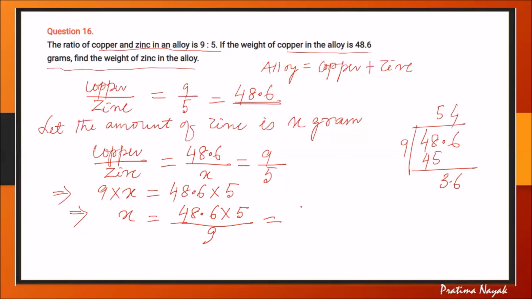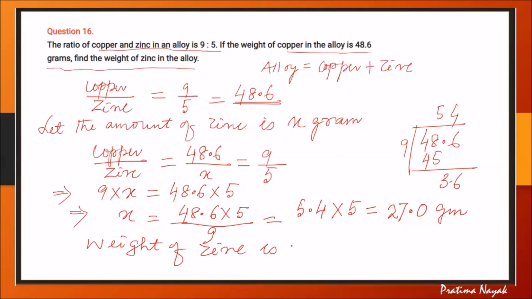So it will be 5.4 into 5. 5.4 into 5 is equal to 27.0 gram. So the weight of zinc is 27 gram.